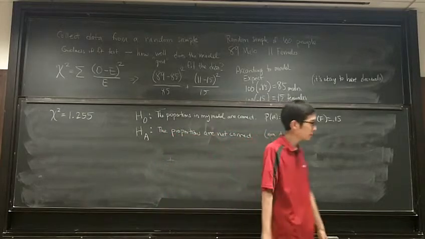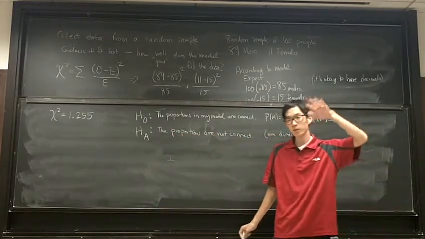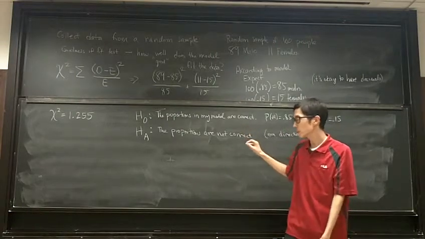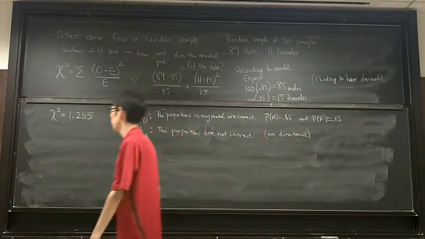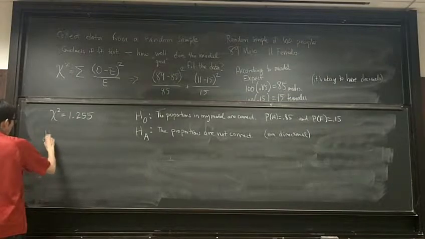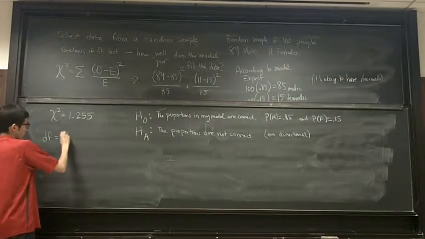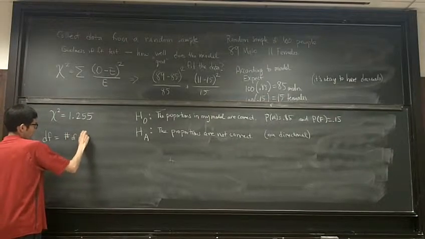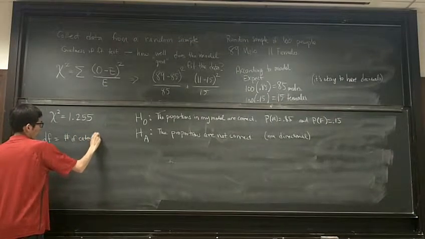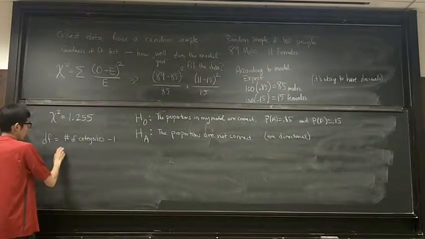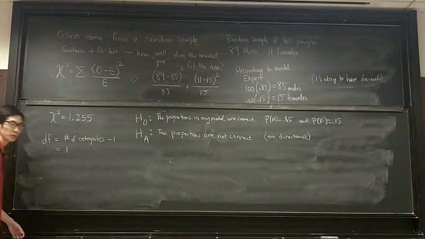When we go to our chi-squared table, we're going to notice there's a column for degrees of freedom. For a goodness of fit test, the degrees of freedom is equal to the number of categories minus 1. So in this case, I've got 1 degree of freedom.